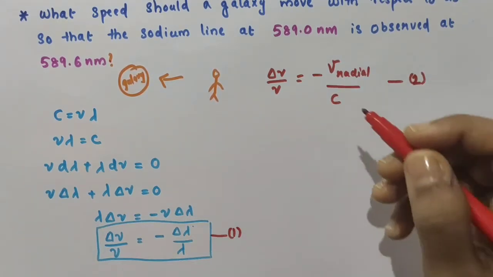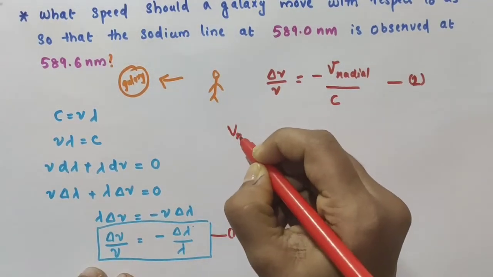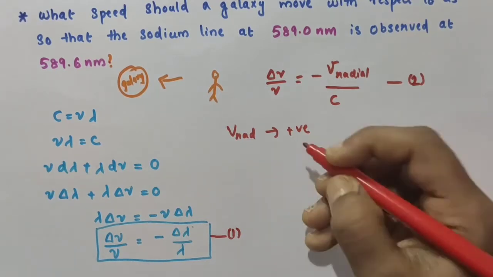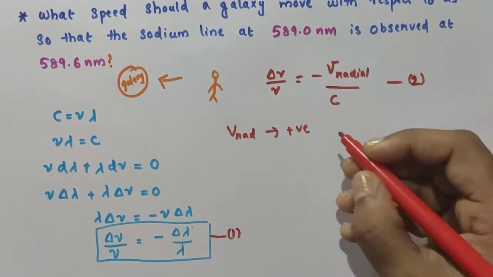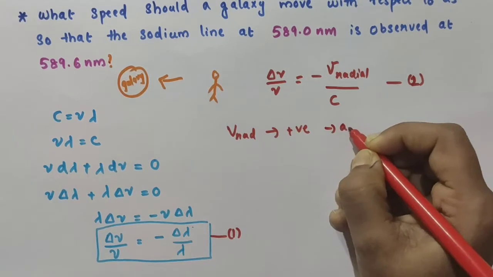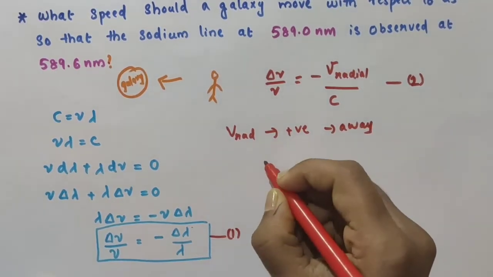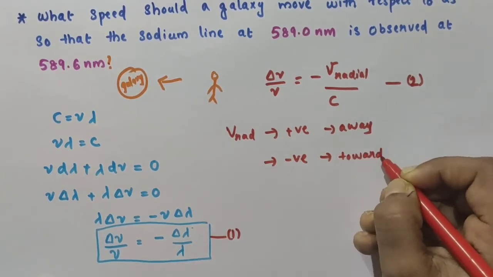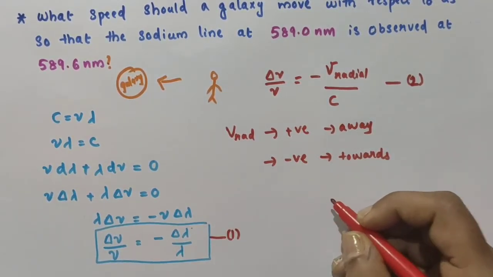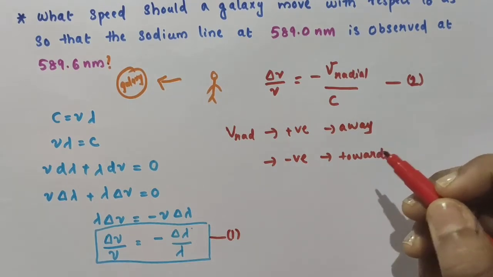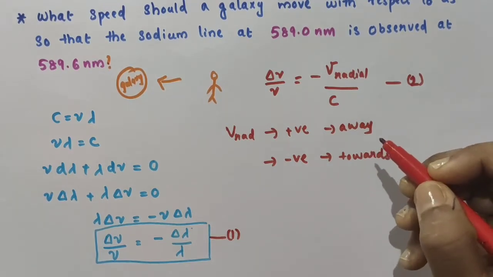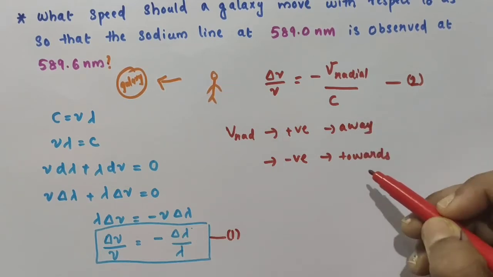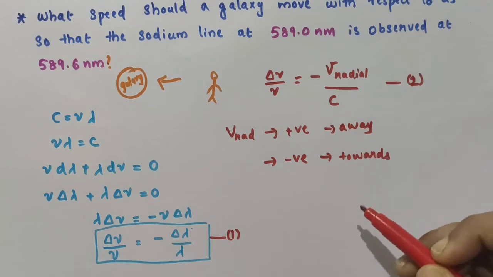V radial is considered positive when the source of light is moving away, and negative when the source is moving towards the observer.